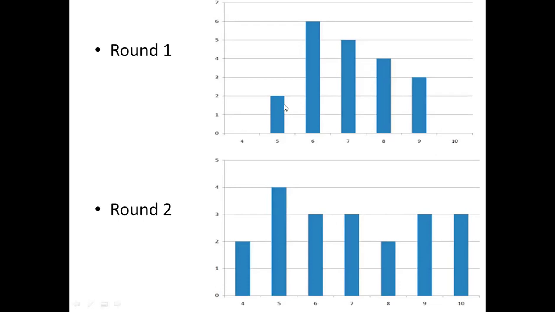For example, here, two people have scored a score of 5. However, around 6 people have scored the mark 6. 5 people have scored 7. 8 people have scored 4, right?